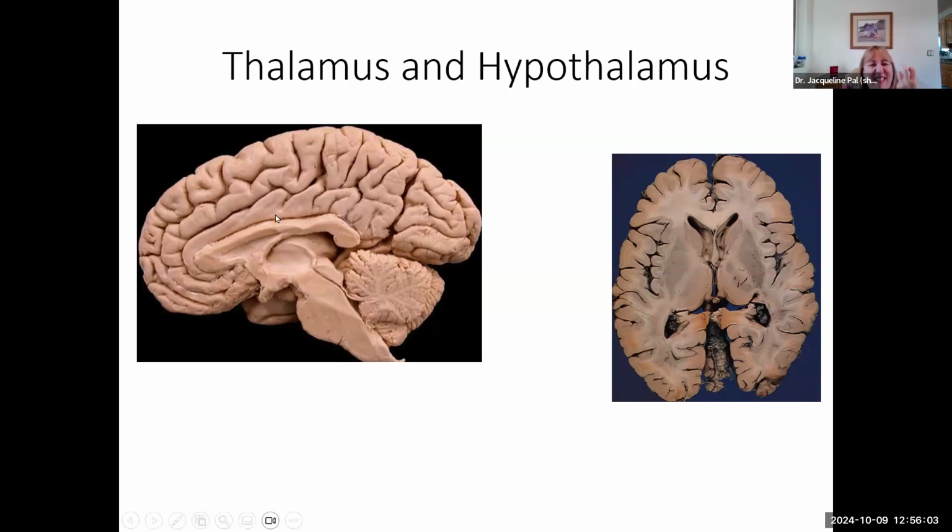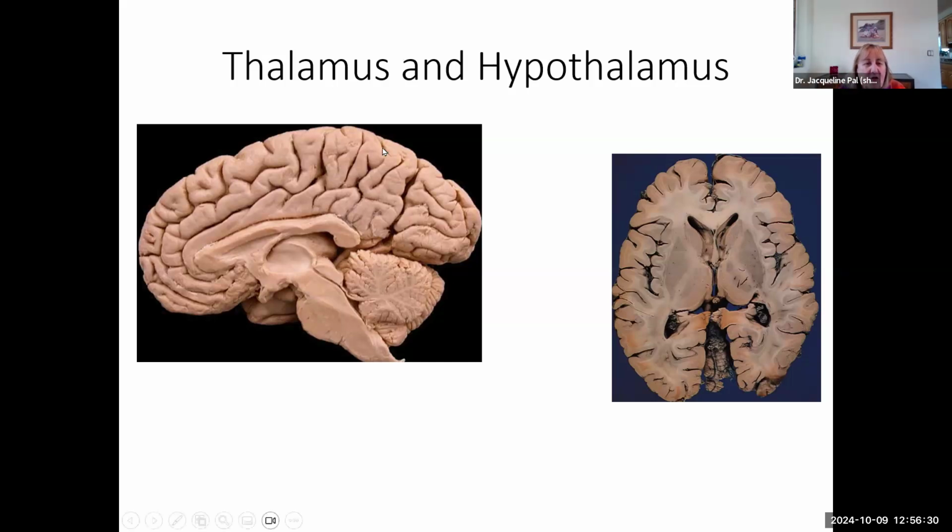So now we are going deeper, okay? We're getting out of the cerebral cortex and we are going deeper where we have some gray matter deep here into an area of the brain that contains two areas known as the thalamus and the hypothalamus.